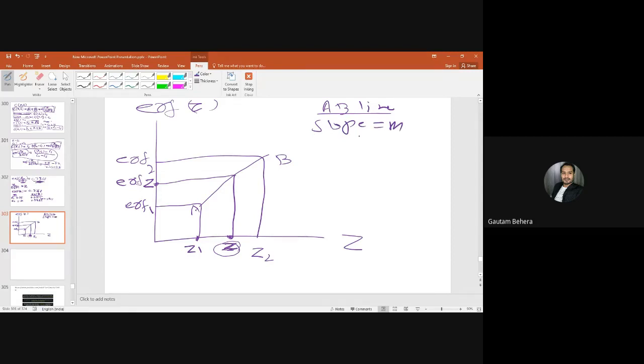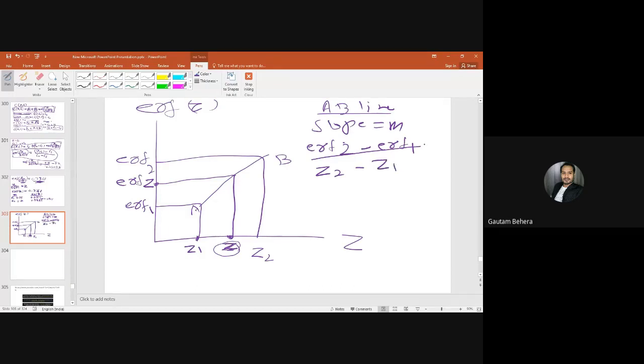The slope is error function of 2 minus error function of 1 divided by Z2 minus Z1, right?